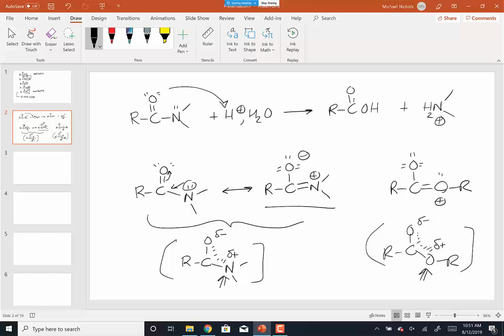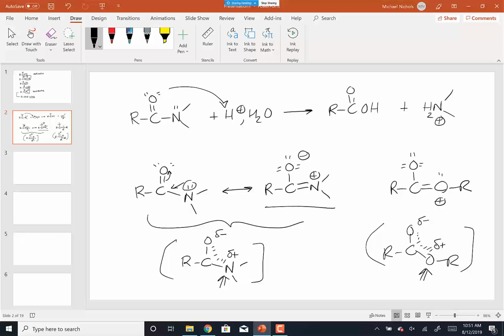That's the first step in the hydrolysis mechanism. Then you would go through and basically follow the steps. Eventually you're going to protonate the nitrogen once it's no longer an amide, and that N+ group is going to leave to form the carboxylic acid.